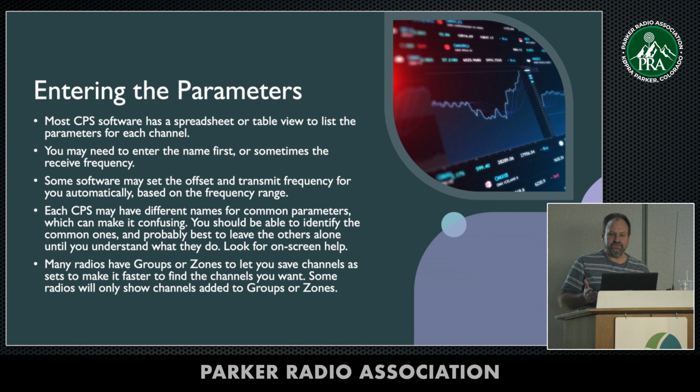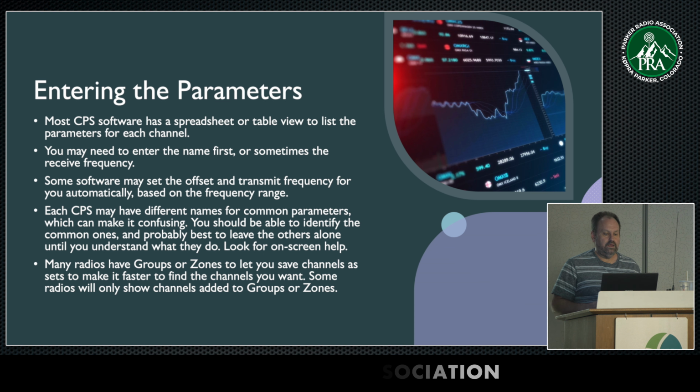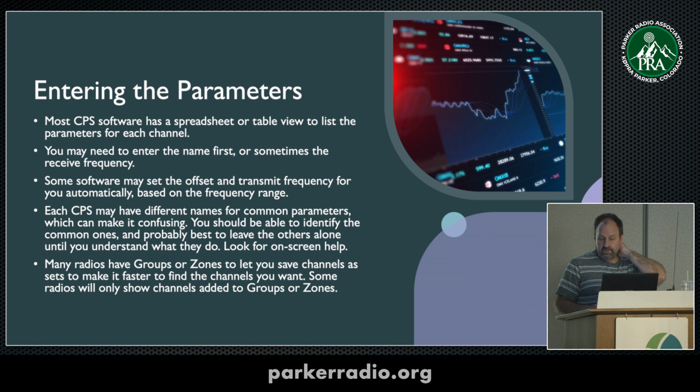So once you're using the CPS, you're going to get kind of a spreadsheet or table view that will allow you to enter the information. We talked last time, you're going to enter in the receive frequency and the offset, and the software is going to figure out then what transmit frequency to use. And particularly with the DMR stuff, every manufacturer has a different name for the same feature.